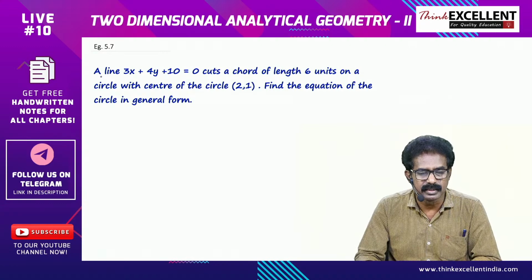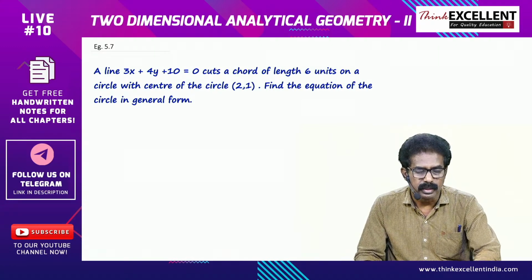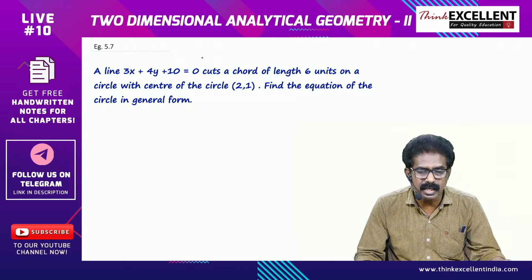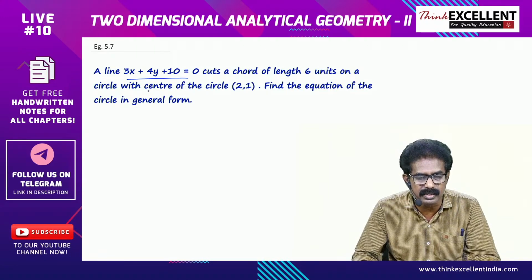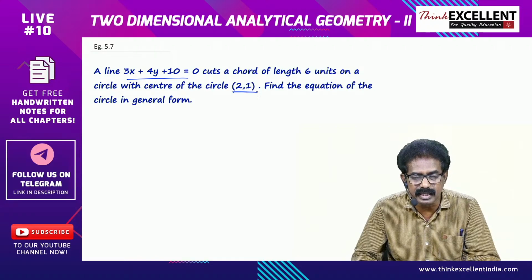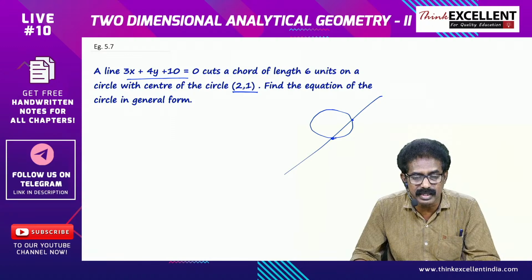Please listen to this. A line is given here. This line cuts a chord of length 6 units on a circle with center given. They have given the center of the circle. Listen, there is a circle, and a line cuts it at 2 points, and the length of the chord they have given us is 6. The center of the circle is (2, 1).